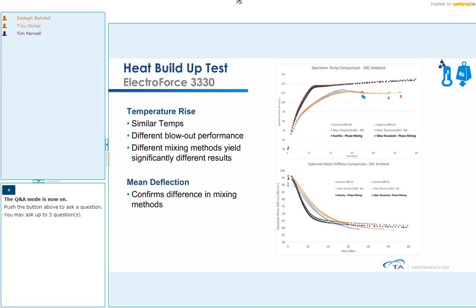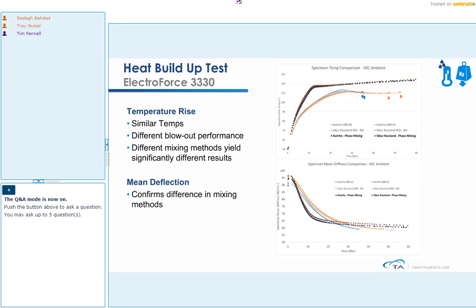But as you look at the final mean stiffness, they exhibit a higher mean stiffness in the end compared to the conventional samples. You can see that there's a crossover at around 20 to 30 degrees, and after that, your phase mixing samples are doing better.